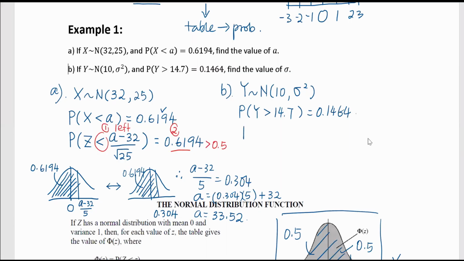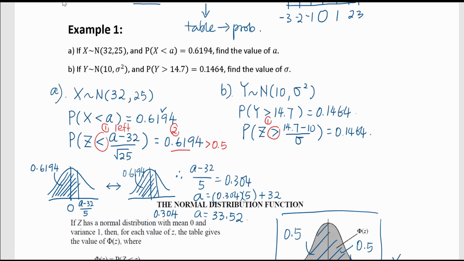So first, we always got to do standardization. Minus the mean divided by standard deviations, which is the sigma here. All right, like I said, I will refer to these two things.